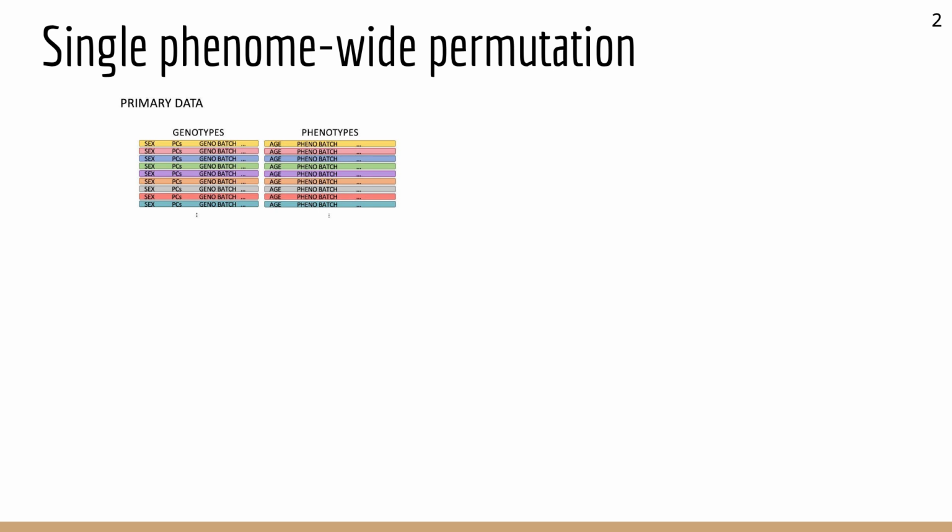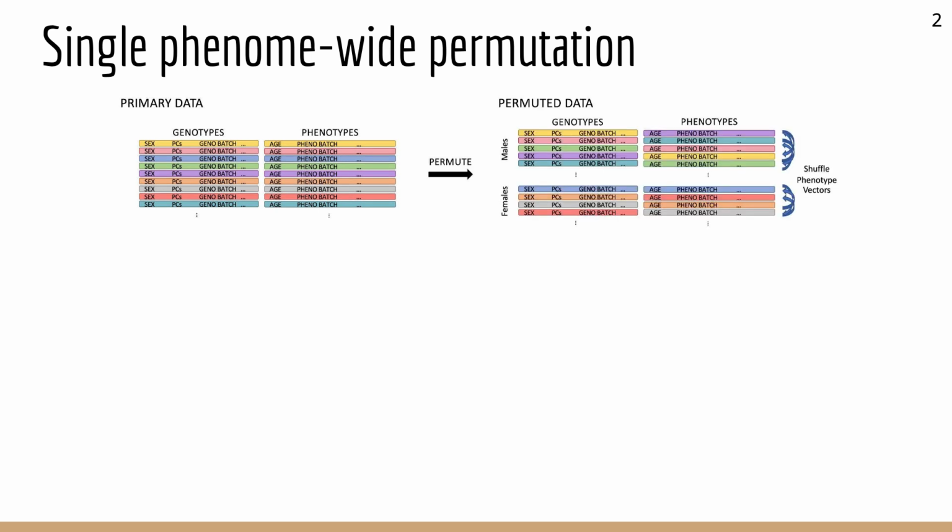The idea of the single permutation method is that by doing a permutation within an entire biobank, we will have enough randomized data to calculate false discovery rates. The permutation proceeds by shuffling phenotype vectors among participants. This breaks the genotype-phenotype associations and provides us with null data from which to calculate false discovery rates.